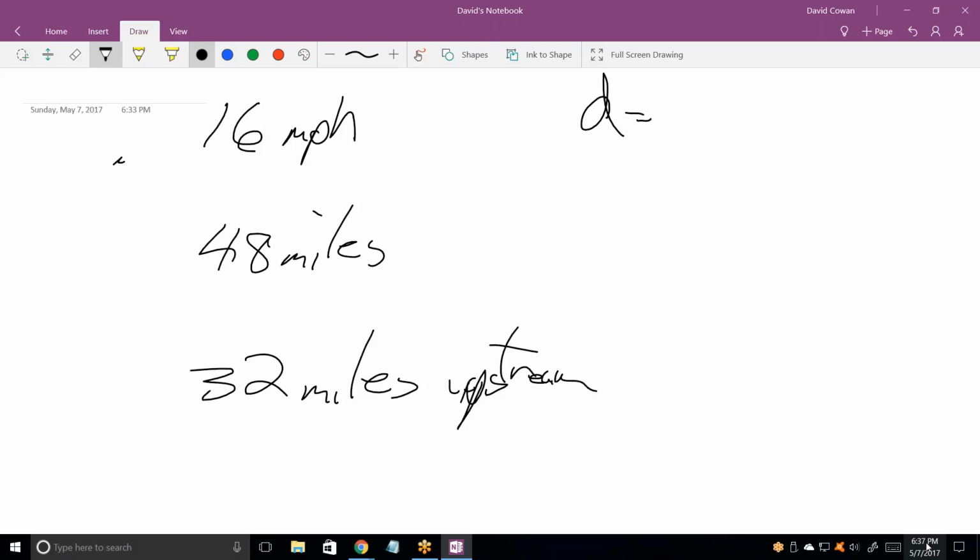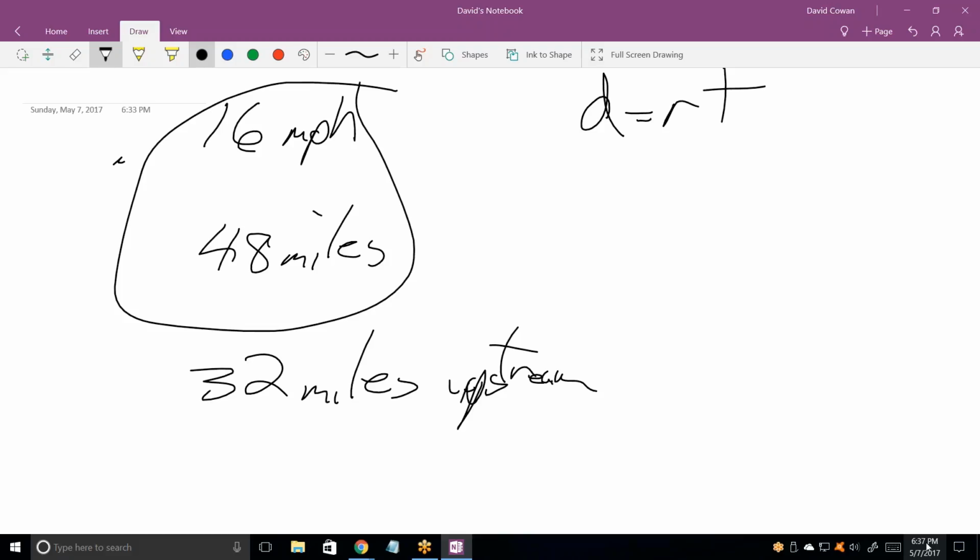D equals RT. Okay. So what we're saying is that he traveled at 16 miles per hour for 48 miles. Okay. It's 3 hours.